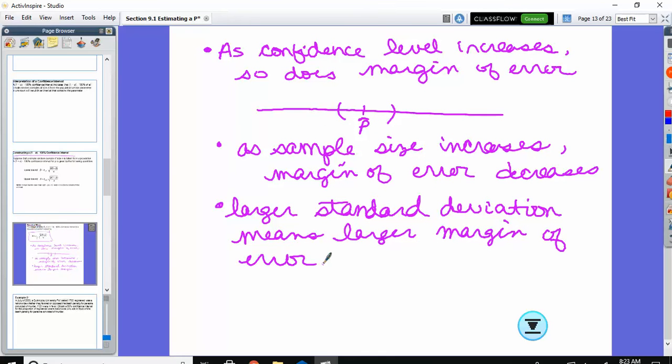A really small standard deviation means all of our values were very close to one another, so you would get a small error in that situation. When my data is really spread out, there's a lot more error involved. So those are some things that can impact our confidence levels and our margins of error: how many people we sampled, what the standard deviation was, and how confident we need to be in our answer.